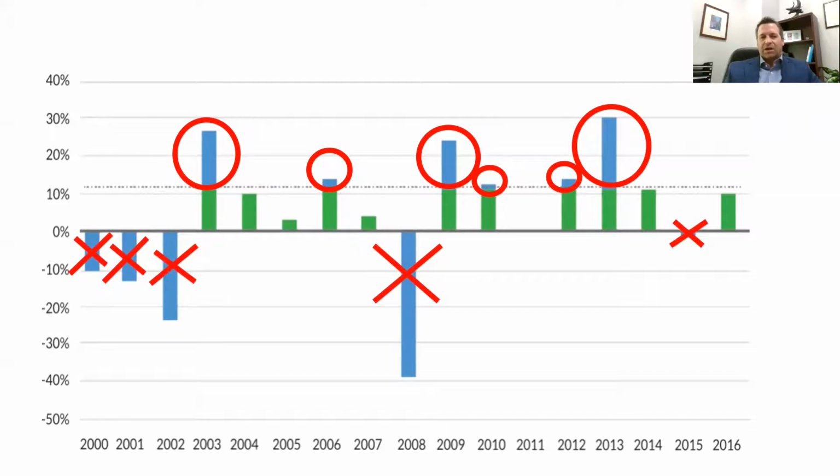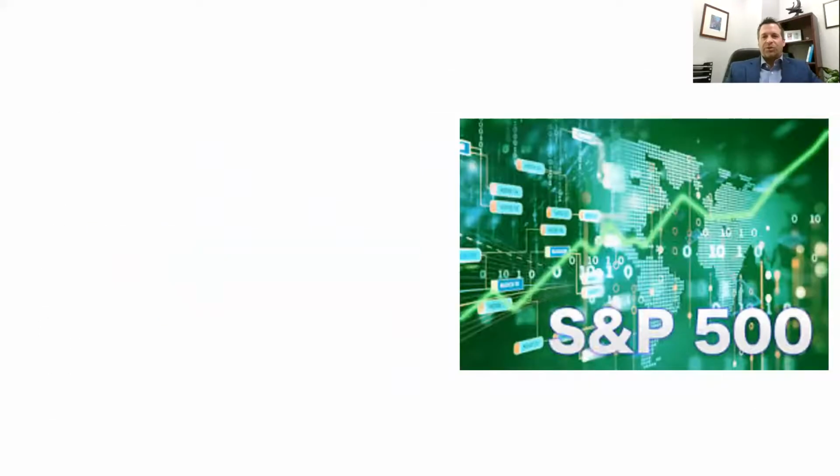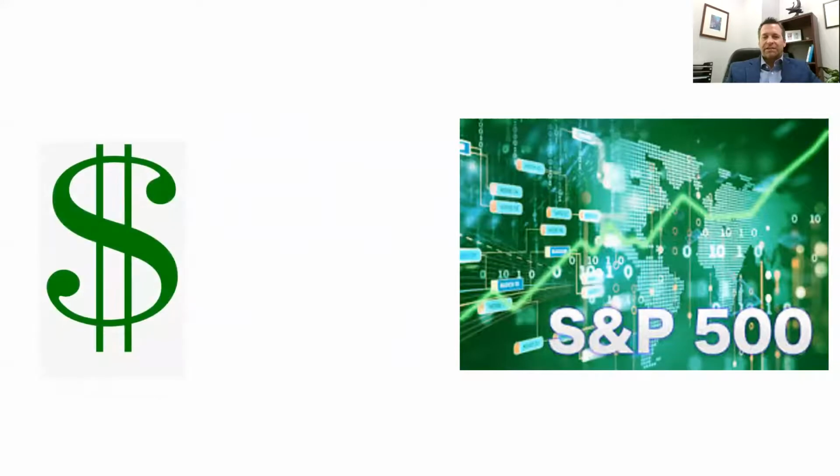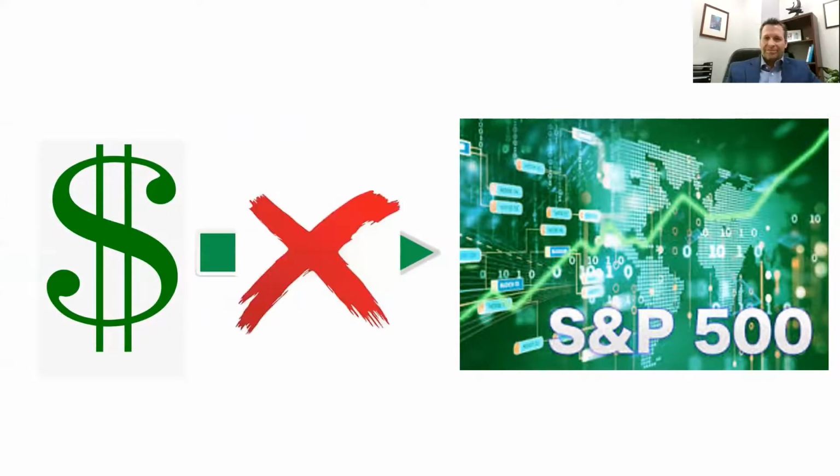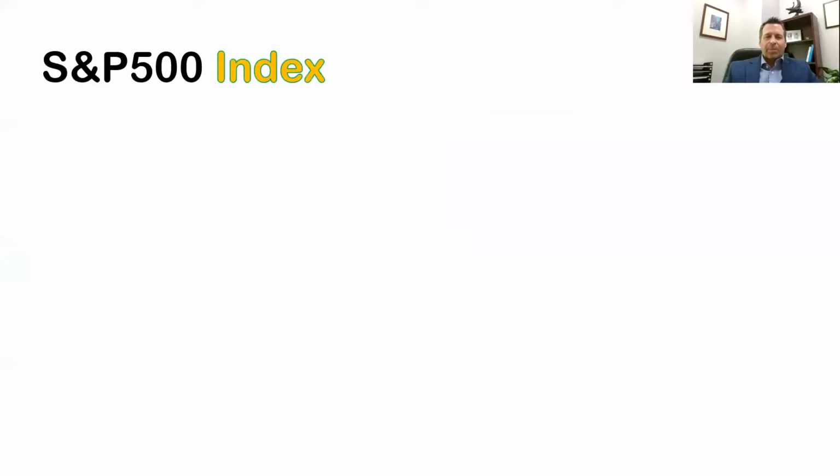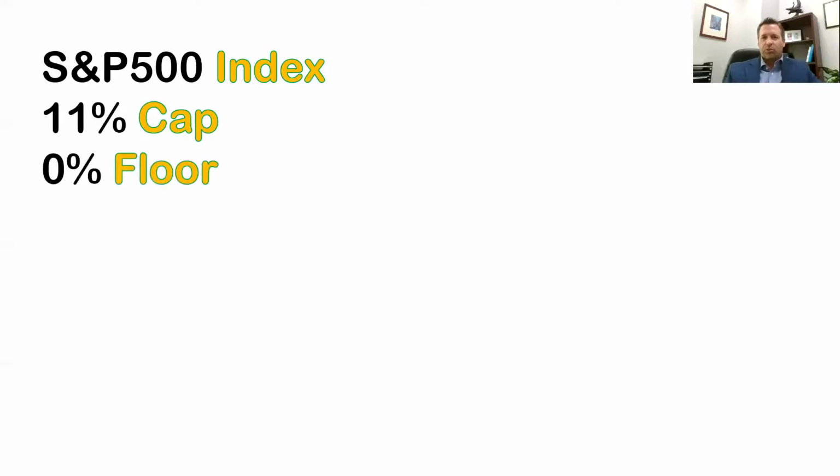That actually would be logical if we were investing directly into the S&P 500, but we're not. So let me explain. To do that, let's start with an example assuming an S&P 500 index, an 11% cap, and a 0% floor, which is a pretty standard scenario.